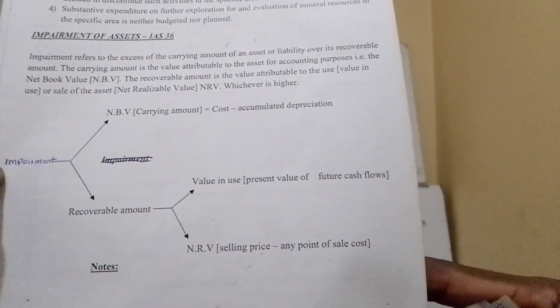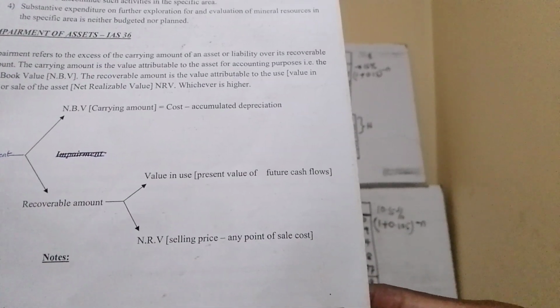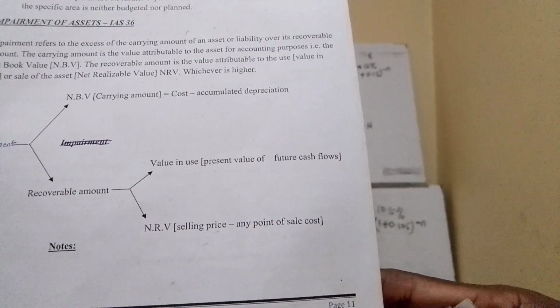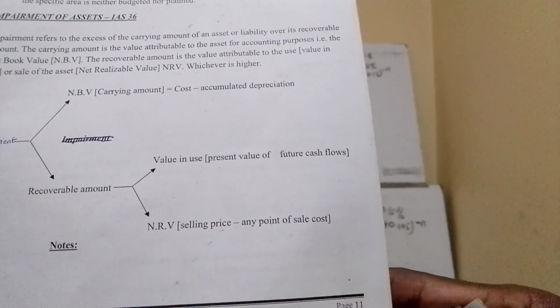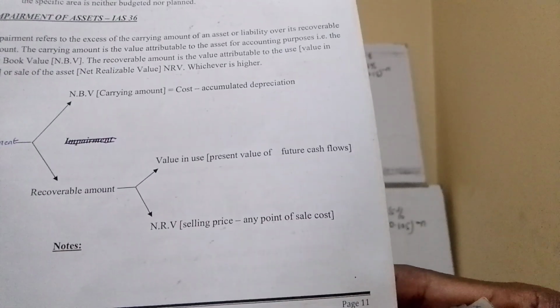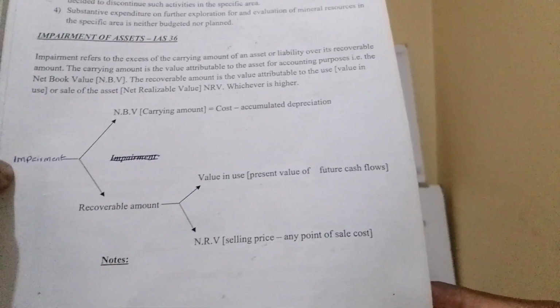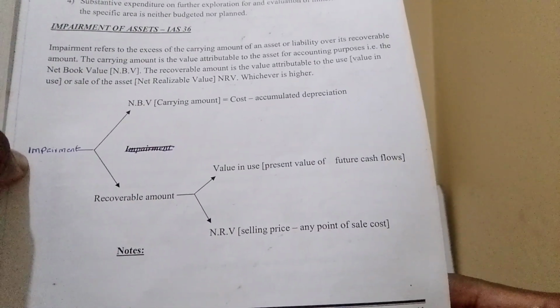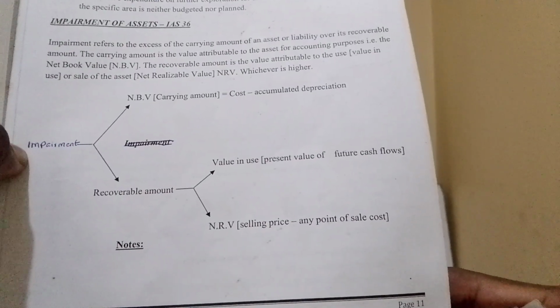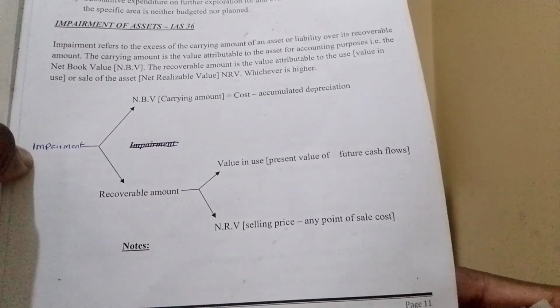When you go to recoverable amount, you will not be provided with the recoverable amount. You establish two figures: one, value in use, and two, net realizable value. So that diagram there is very, very important for us.